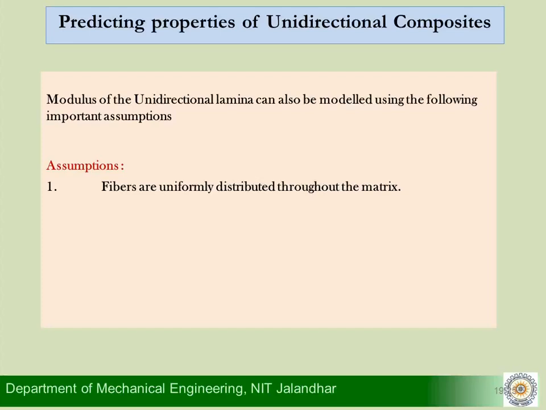It may not be true, but we make this assumption because our next analysis will be based upon taking one representative volume element out of our material, and that volume is representing the whole of the material. That can only be true if fibers are uniformly distributed throughout the matrix.